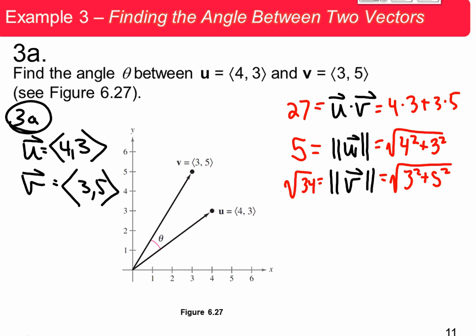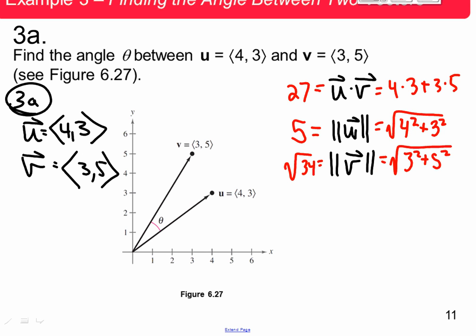Now I'm also going to remind you that sometimes it's going to give you a reference angle. Here we have this angle between those two, and it's plotted on there so we can see that it's an acute angle. It's not going to be a problem. So the cosine of theta is u dot v over the magnitude of u times the magnitude of v.